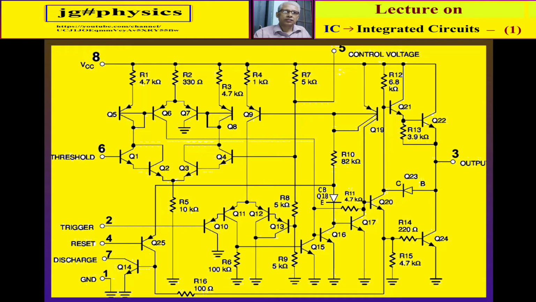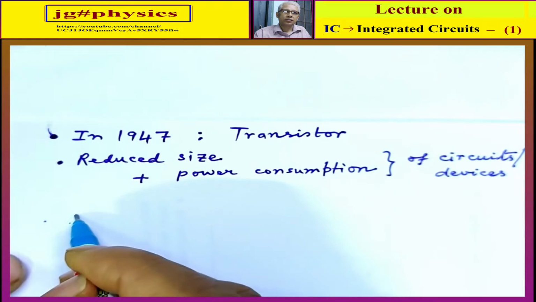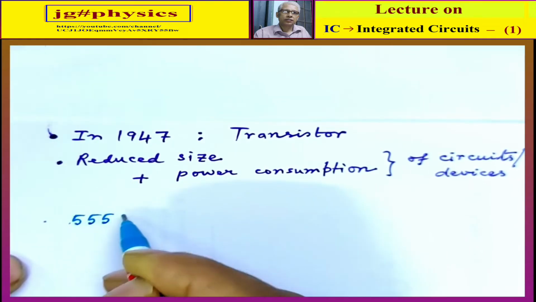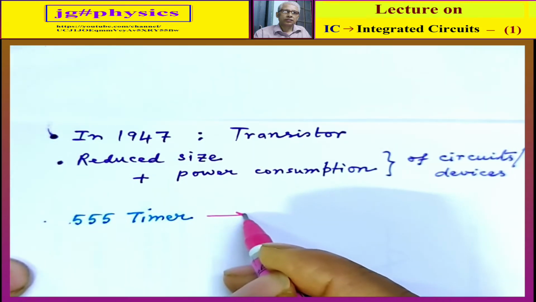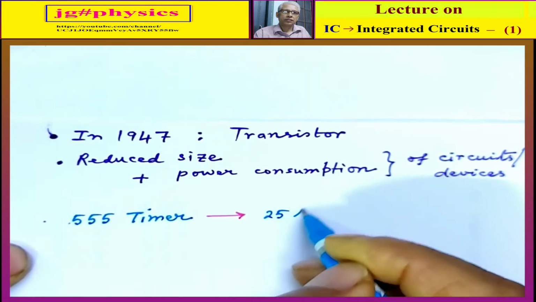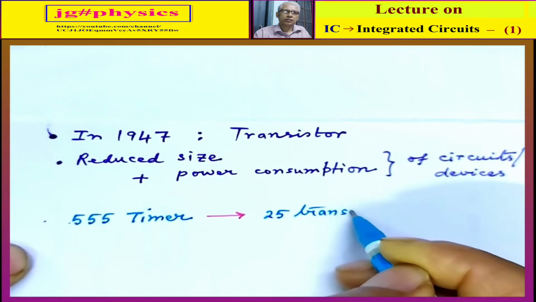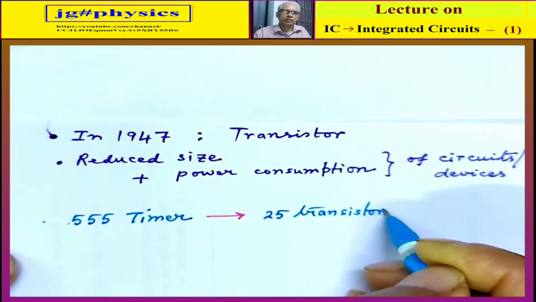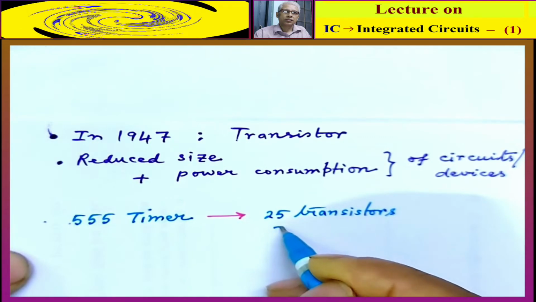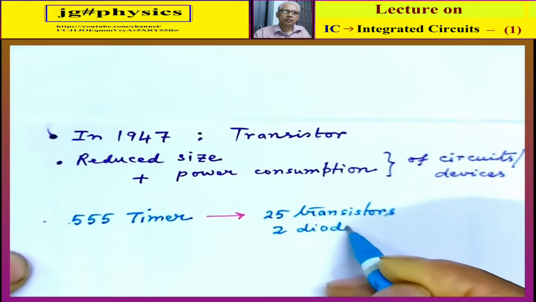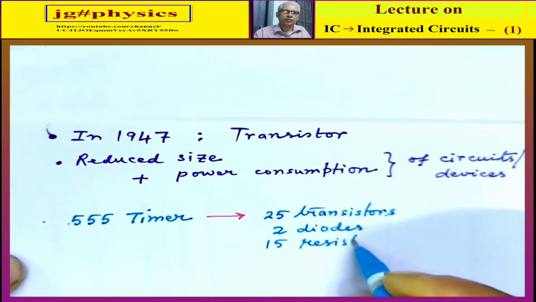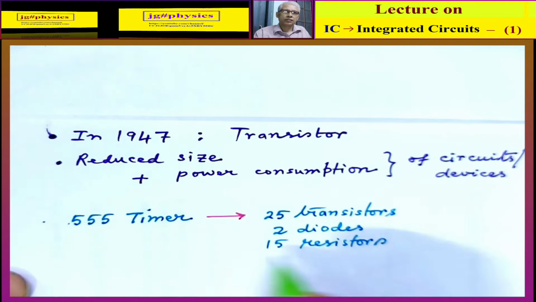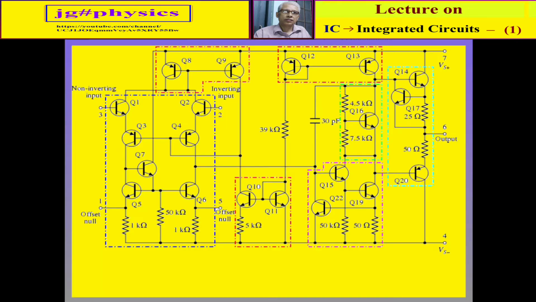One is the 555 timer that involves 25 transistors, 2 diodes, 15 resistors, or say the 741 op amp.